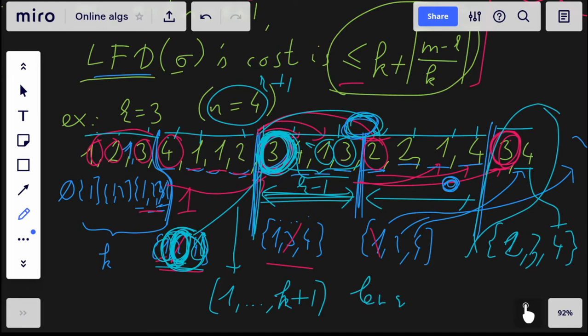In this case all of these sections had a length of k+1, but in general that doesn't have to happen. For example, if I leave out this 3, or this 2, then each of these phases will have a length of k and the phases will be the same.